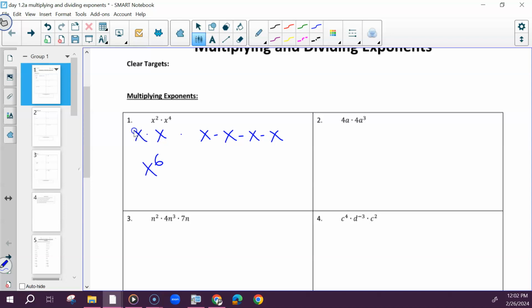For this next one, if I were to expand everything, I have 4 times a times 4 times 3 a's. I could rearrange so that this is 4 squared times a to the 4th, and then simplify.